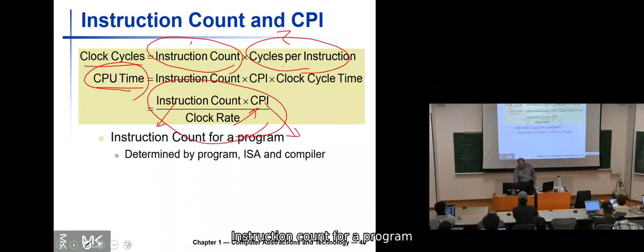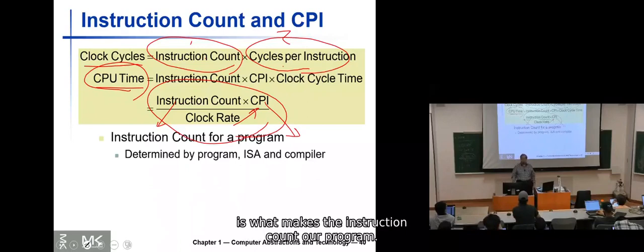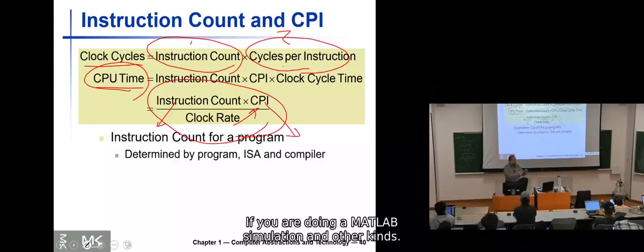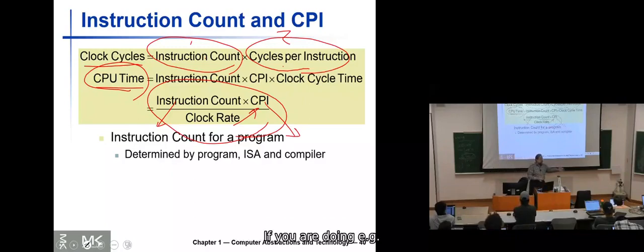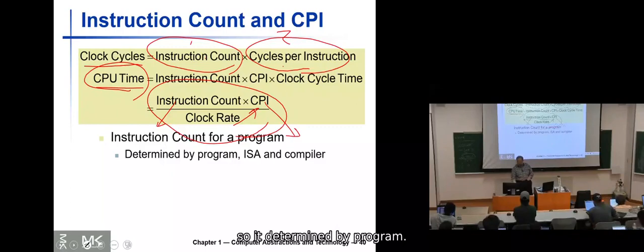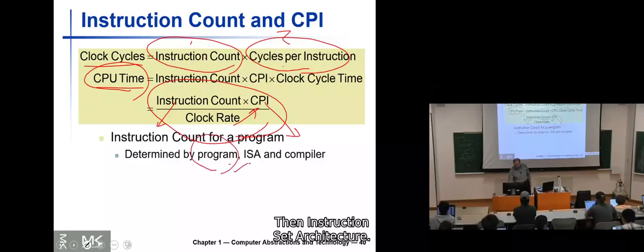So what makes the instruction count for a program? If you are doing video coding, it has a number of instructions. If you are doing a MATLAB simulation, another number. If you are writing a word processor like Microsoft Word, it has another number of instructions. So it is determined by the program, and then by the instruction set architecture.